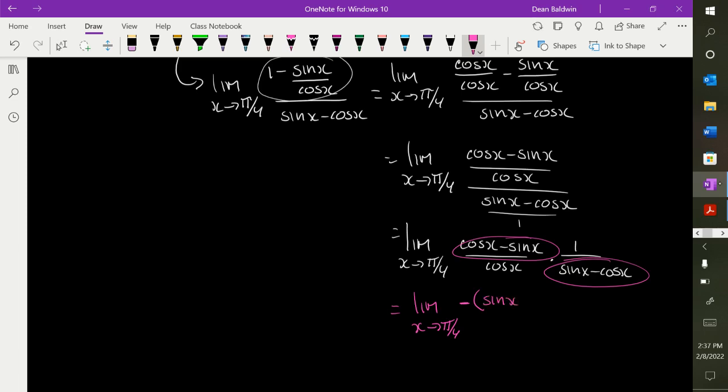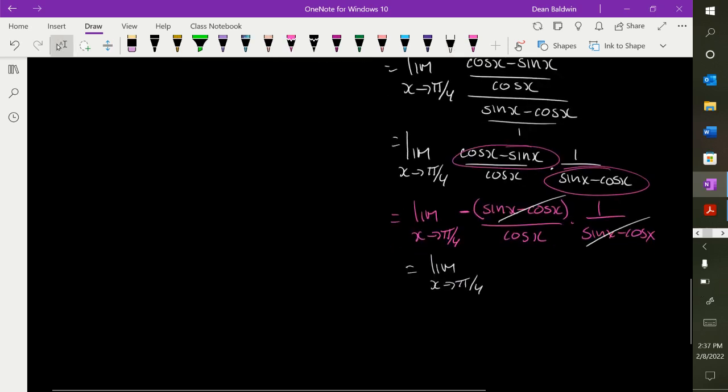So I end up with sine of x minus cos of x. Then, surprise, surprise, those cancel. I'm left with the limit as x goes to pi over 4 of negative 1 over cos of x.